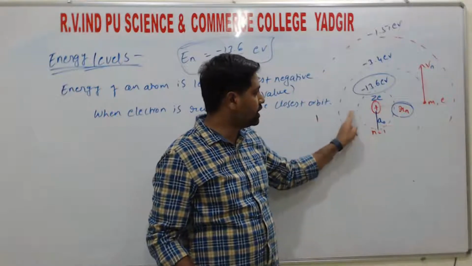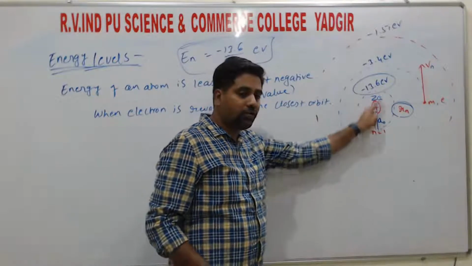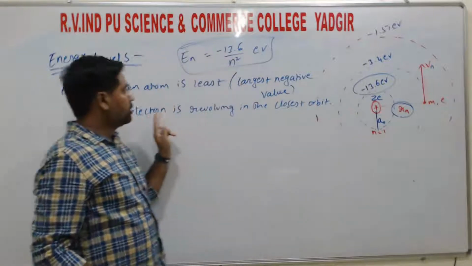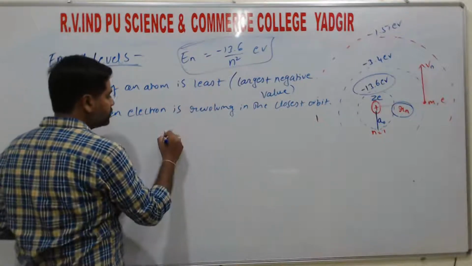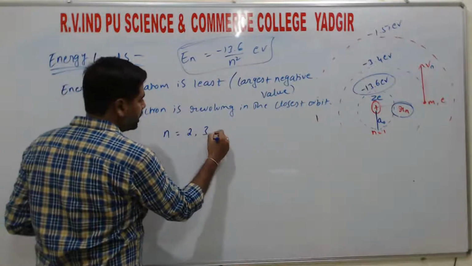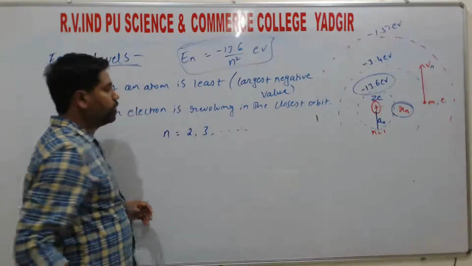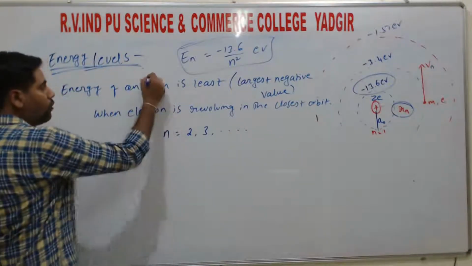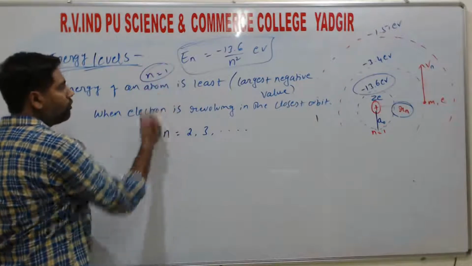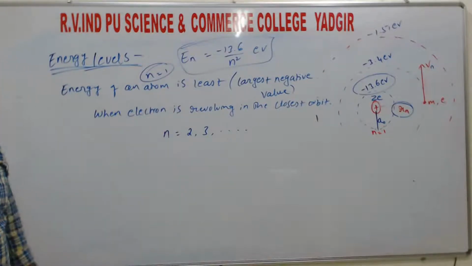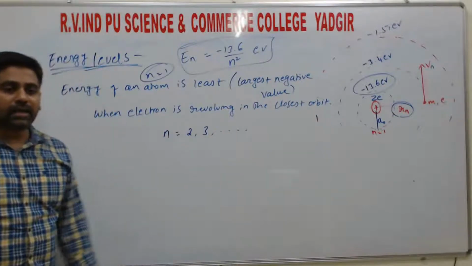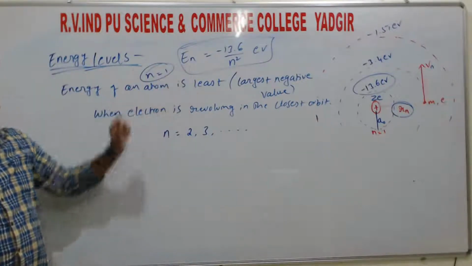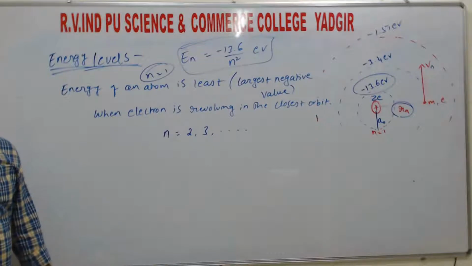The first orbit is here. So if the electron is revolving in the first orbit, the energy of the atom is least. This value is least for n equals 1, the closest orbit.